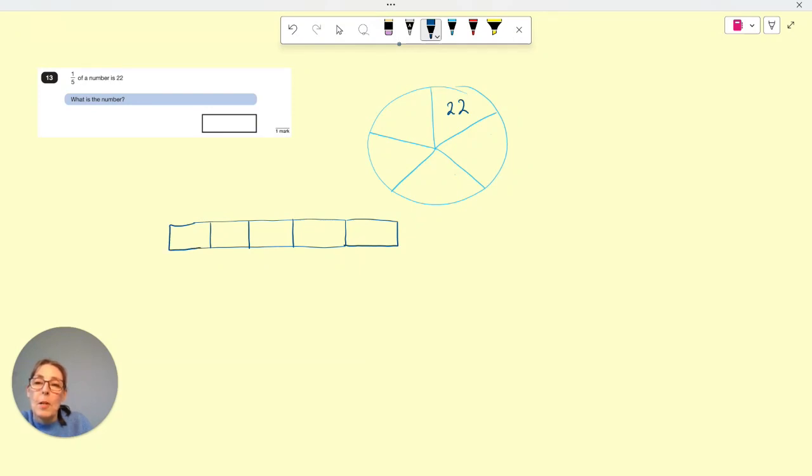We've got 1, 2, 3, 4, 5 parts, and one part, 1/5, that's one part out of 5, and the number is 22. What is the number? So each one of these is going to be 22 then, because 1/5 of a number means that if you've got 1/5, how many fifths are in one whole?